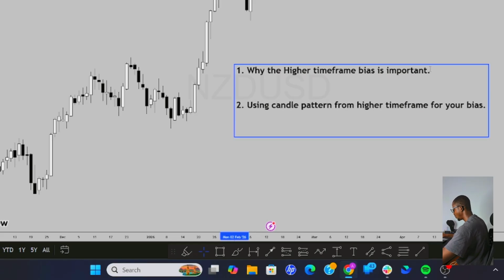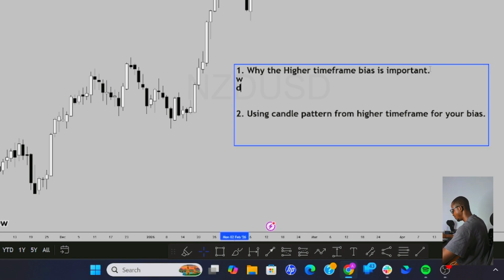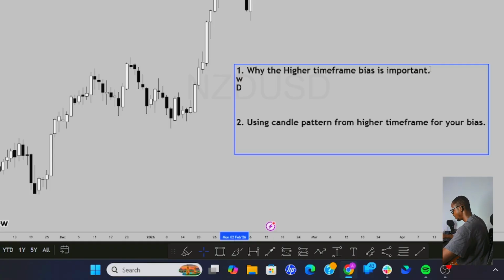That is 1 week time frame and daily time frame. You understand? Daily time frame. And sometimes even 4 hour time frame for those guys that are scalpers. So these are the time frames you must use to build your bias. Before you trade, you want to come to this platform to build your bias on the higher time frame first.